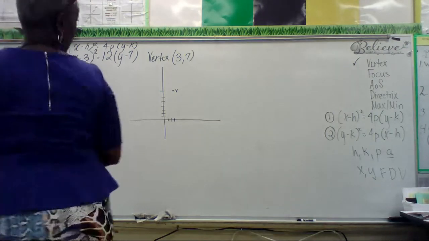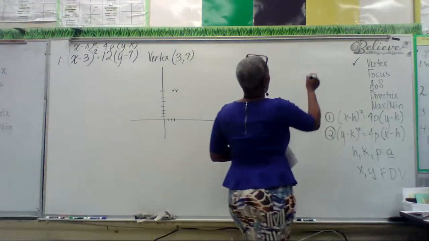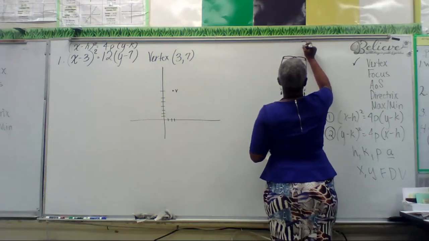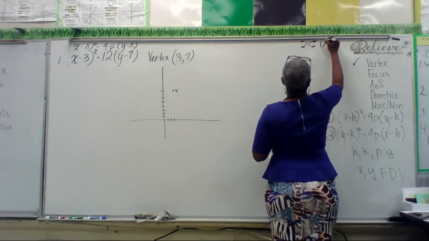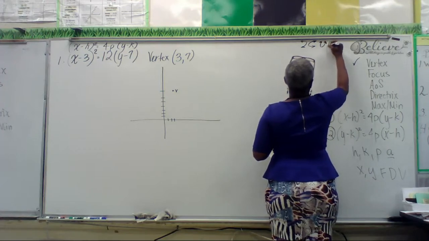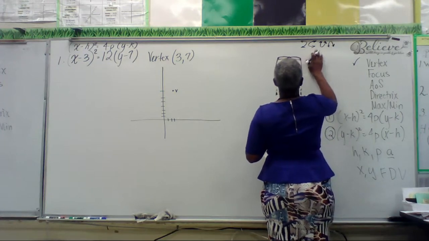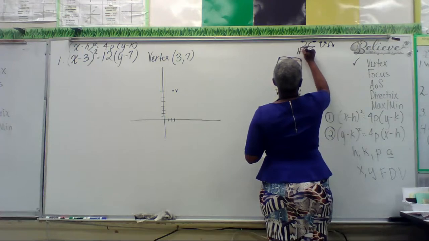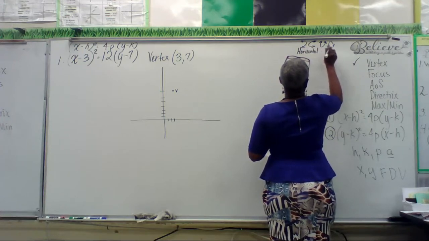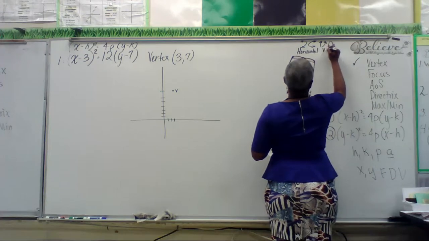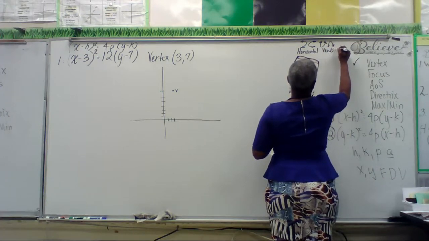Because once again, class, parabolas can open left, right, up, or down. When they open left and right, that's called horizontal, and when they open up and down, that's called vertical.